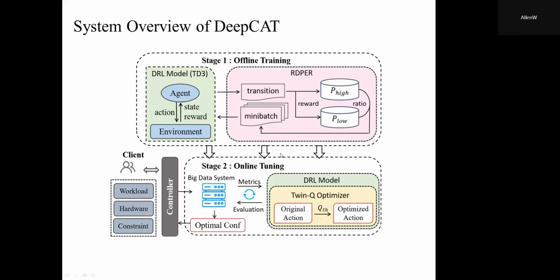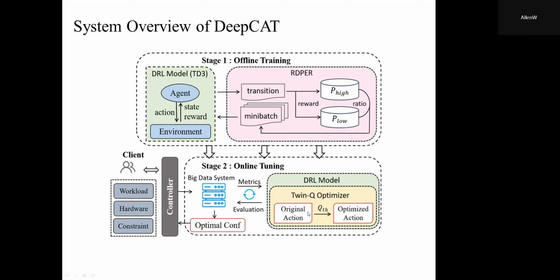Putting them together, we design a configuration tuning system, DeepCAT, which is composed of an offline training stage and an online tuning stage. DeepCAT uses TD3 with reward-driven prioritized experience replay to train DRL models offline. When an online configuration tuning request arrives, TD3 outputs an action according to the current state.